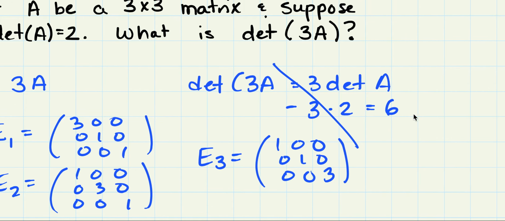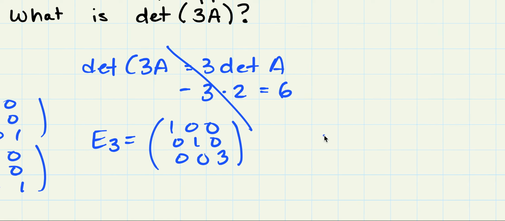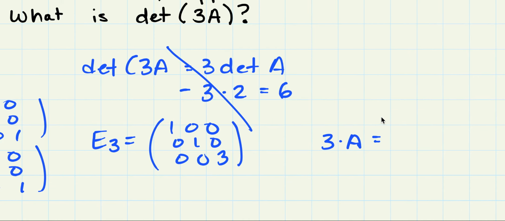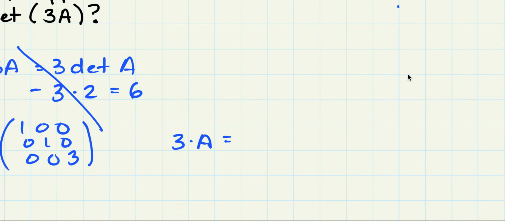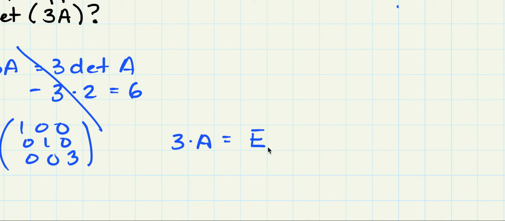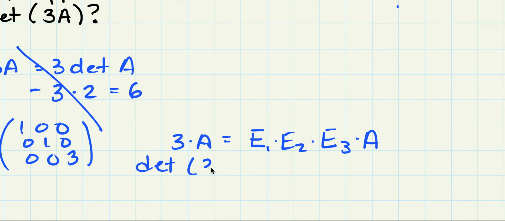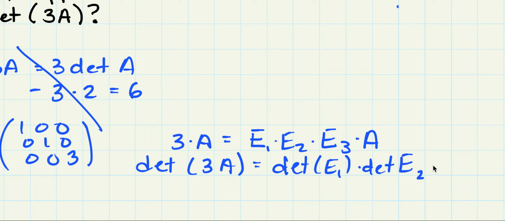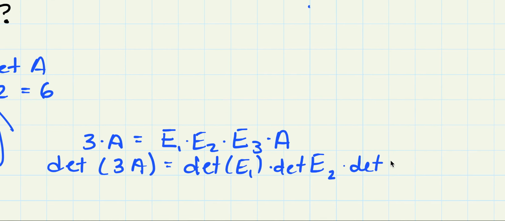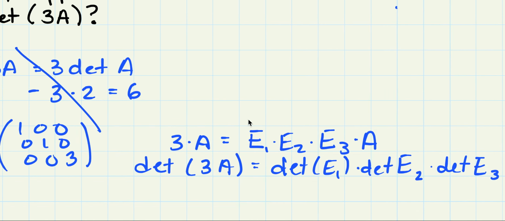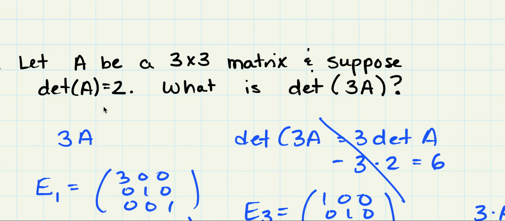And then from there, you can see that 3 times A is the same thing as E1 times E2 times E3 times A. So the determinant of 3 times A is equal to the determinant of E1 times the determinant of E2 times the determinant of E3 times the determinant of A. And we said in the very beginning that the determinant of A is 2.